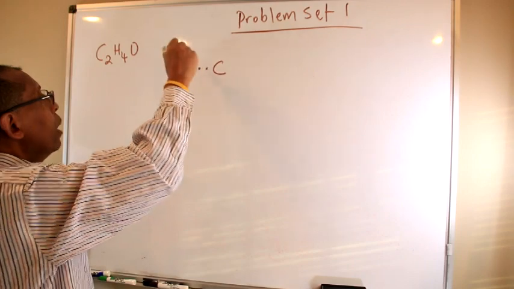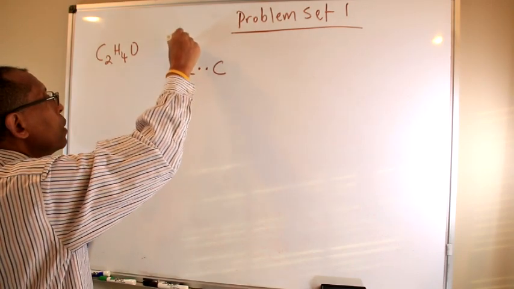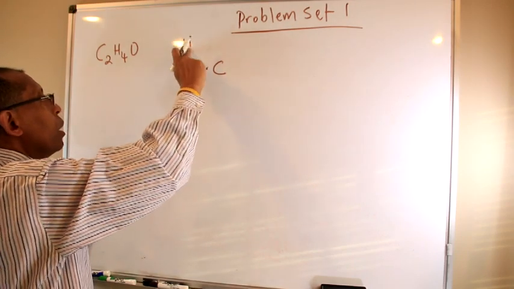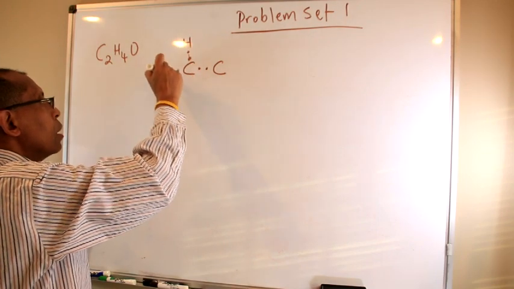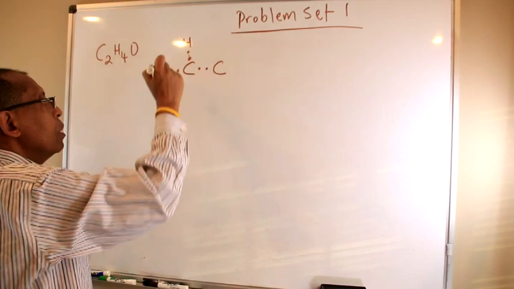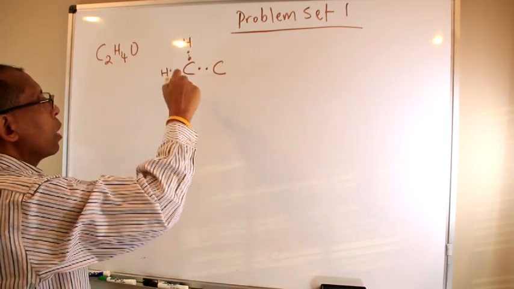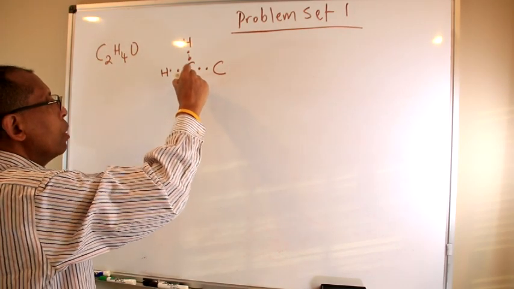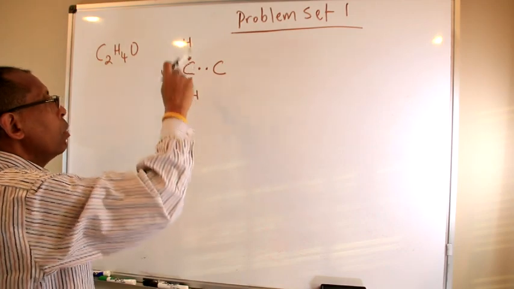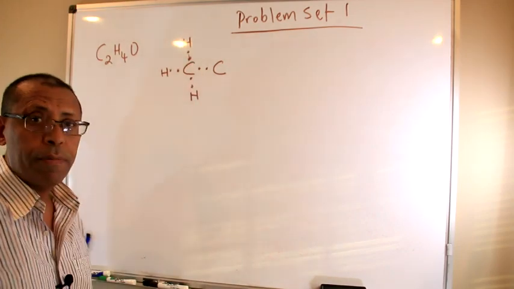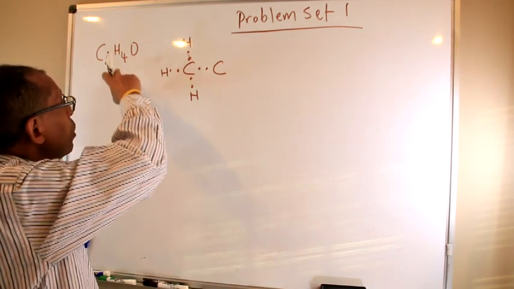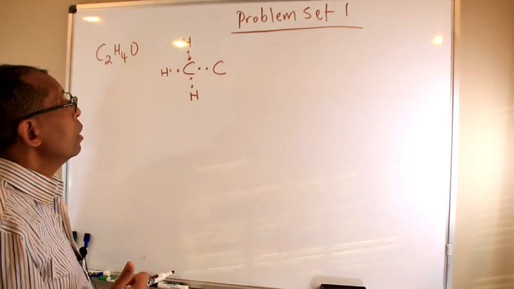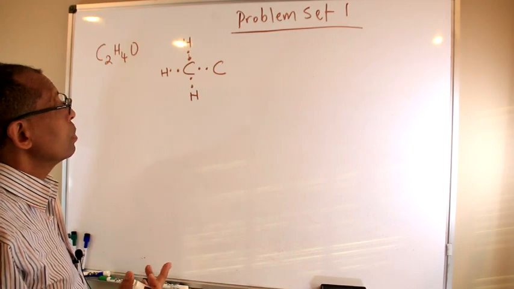So if you have one hydrogen here from 2 electrons again, another hydrogen, now you are left with another hydrogen. You have accounted for the 3 of the hydrogens. Now we are left with 1 hydrogen and also 1 oxygen.